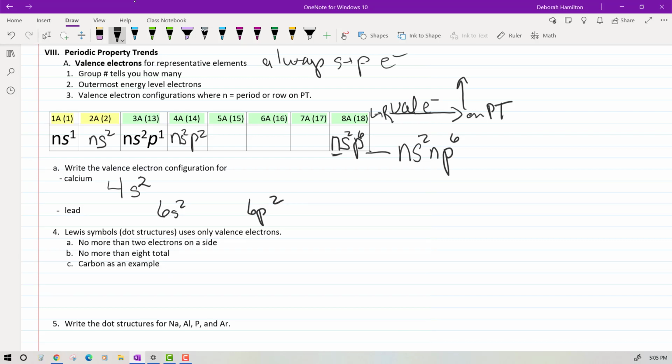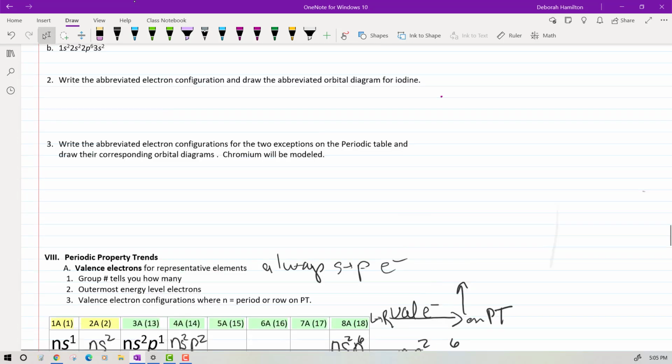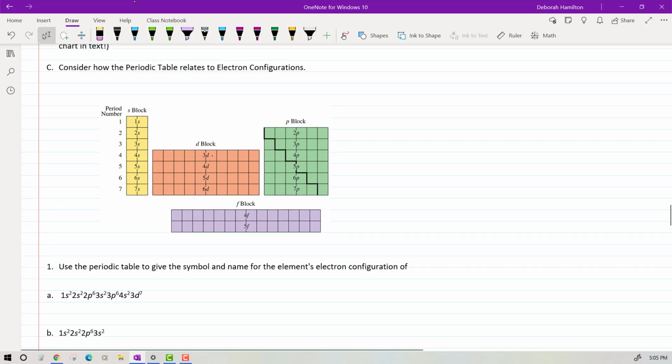If we take a look at the periodic table and show where lead is, we said it was in column 14, so I'm going to mark it right here.